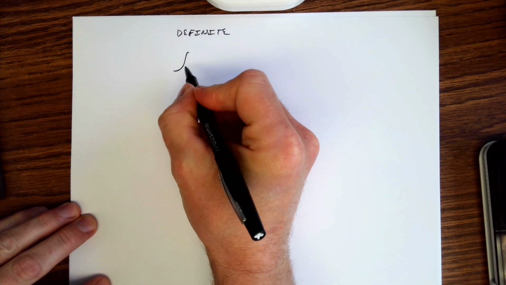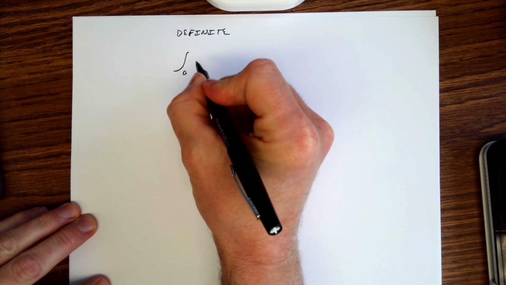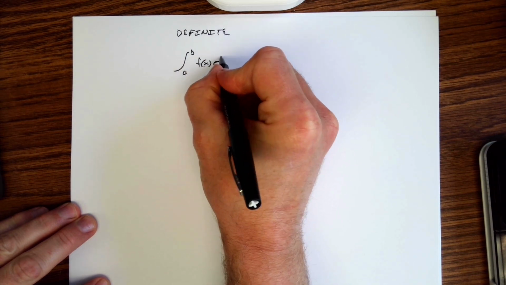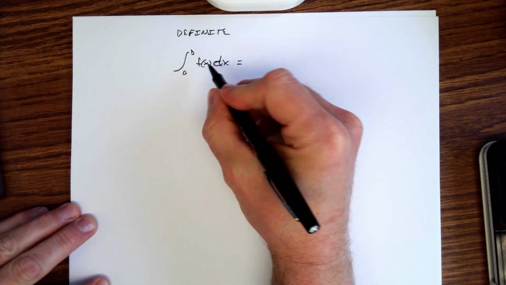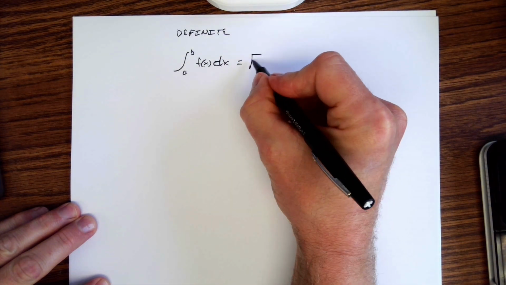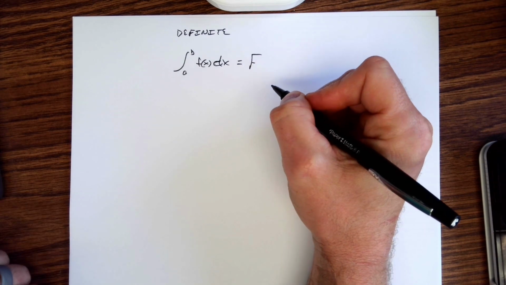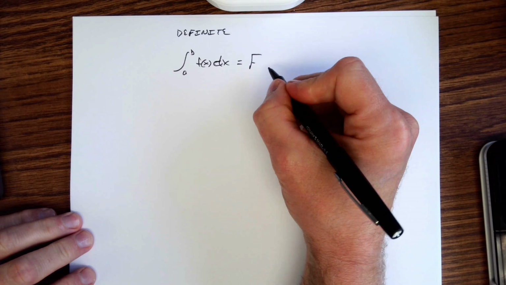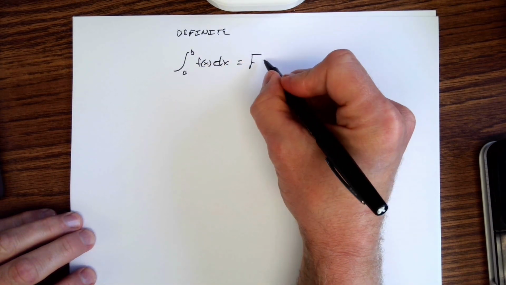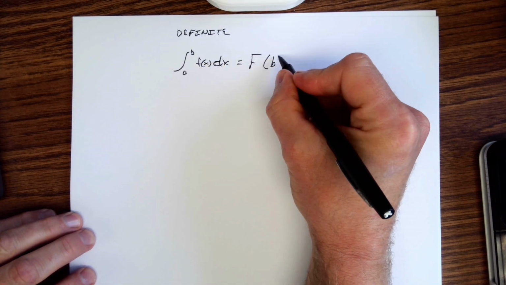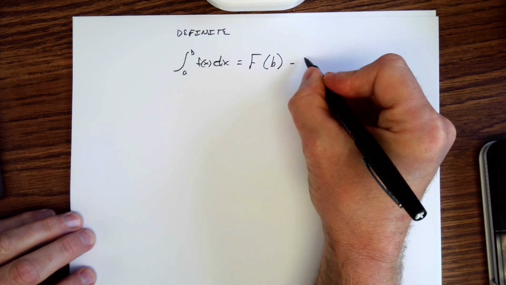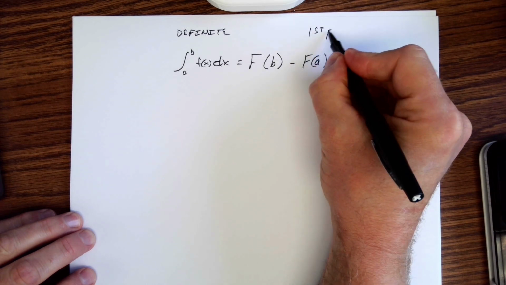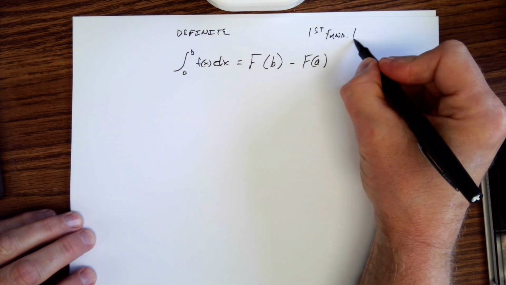When we say definite, we're talking about going from a to b of some function, dx, right? And the integration of little f would be big F. That's just a standard notation, as big F is a lot of times defined as being the parent function or the integration of f. And this would be big F of b minus big F of a. And this is the first fundamental theorem of calculus.